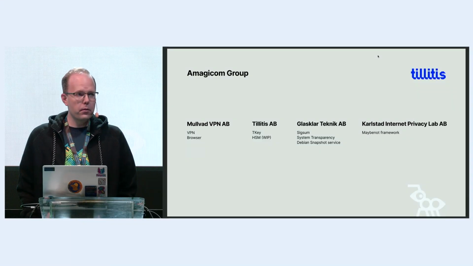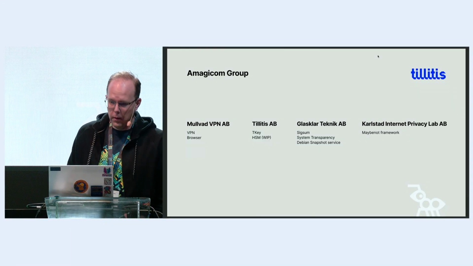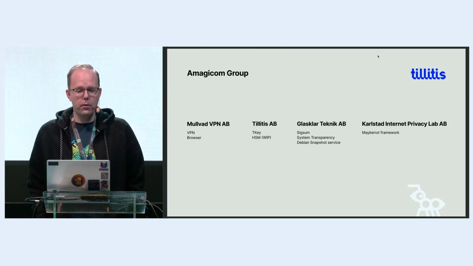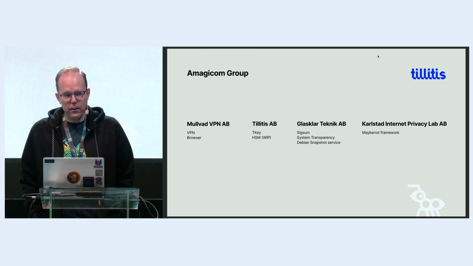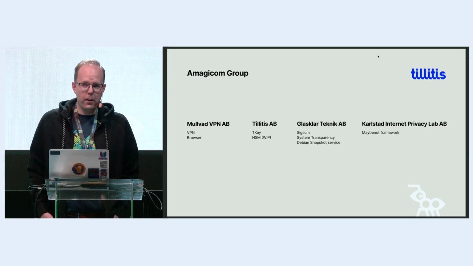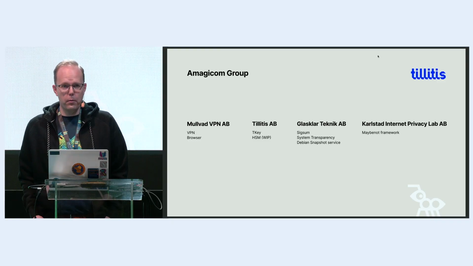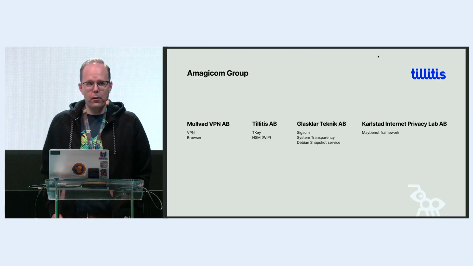I'm not going to go into detail, but in short order, they are Mullvad VPN, which does a VPN service, and we also have a browser based on Tor browser. There's Tillitis, which does open source hardware. There's Glasklar Teknik that does Sigsum, the transparency log, system transparency, which is a combination of remote attestation, reproducible builds, and transparency logging.